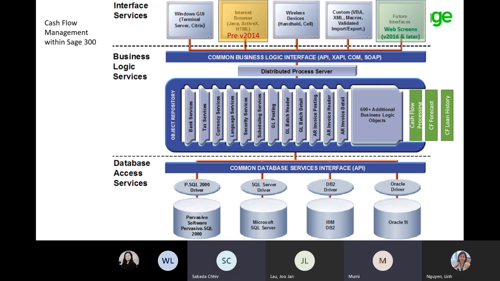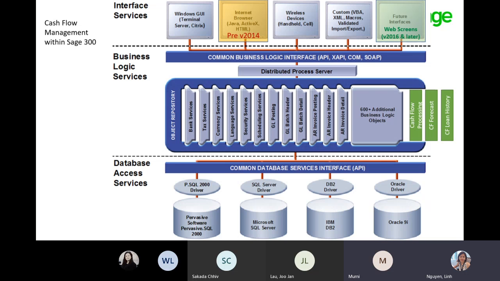Can you repeat again? If you're more familiar with COM API, then it's easier for you to go with that approach, because all the servers are in the same office, right? Yeah, right. But if your system is deployed, let's say on Azure cloud, then you cannot call it through COM API.